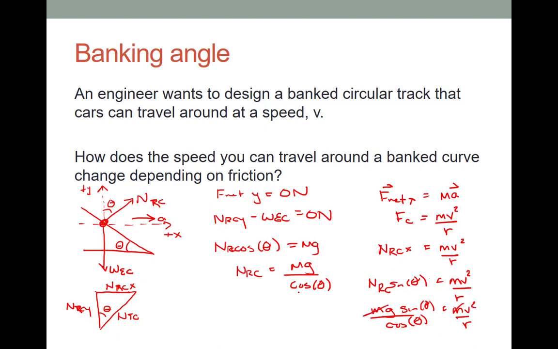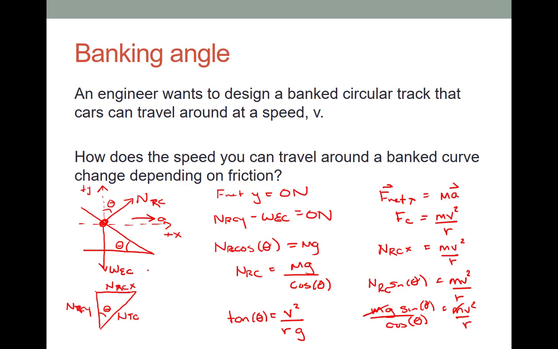The m's cancel, and I have a formula, which I'm going to write over here because I'm kind of out of space over there, for the ideal banking angle for a track. The tangent of the banking angle is going to be the velocity squared divided by the radius and the acceleration due to gravity.